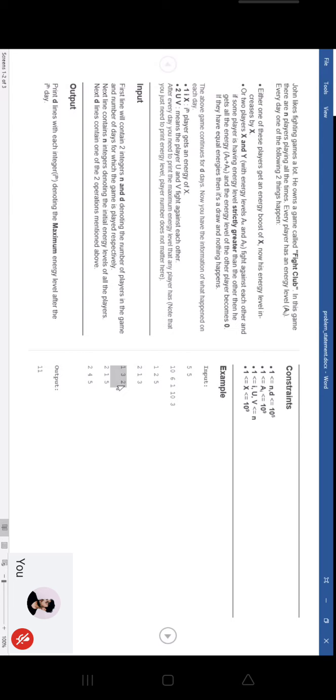Sir, how did the second one come to be 11? The second one is talking about the fighting operation. The fighting operation will happen between the first player and the third player. Look at the energy of the first player, it is 10. And the energy of the third player is 1.